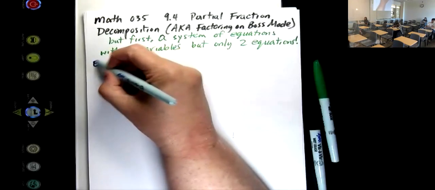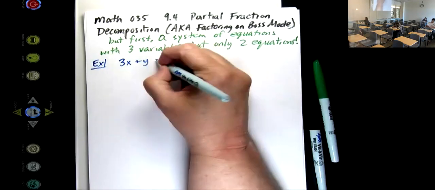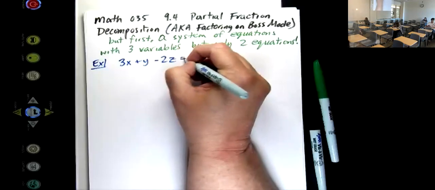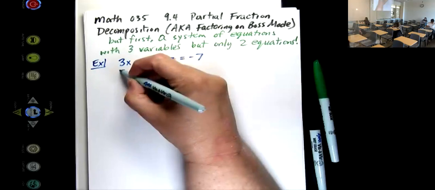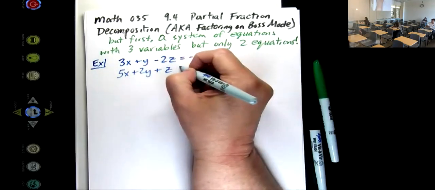So the example I'm going to do for this first thing is we're going to have 3x plus y minus 2z equals -7, and we have 5x plus 2y plus z equals -6.